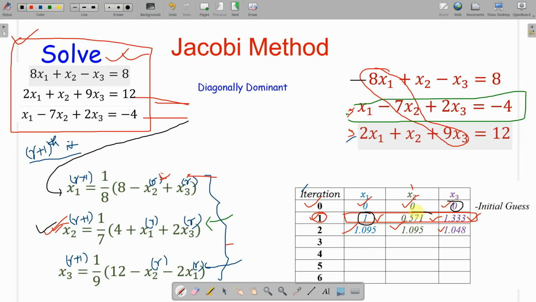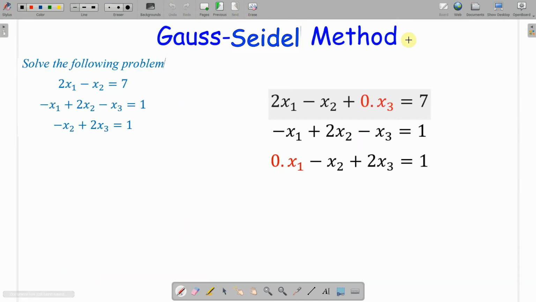So to calculate this value for the Gauss-Seidel, remember I am talking about the Gauss-Seidel, you will be putting in this updated value. In the case of the Gauss-Seidel method, what we are doing is putting the latest value, or the updated value, in the equation.